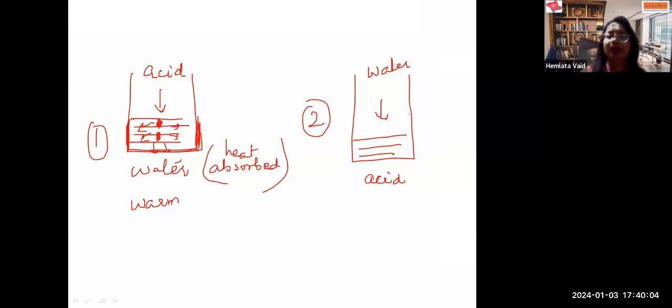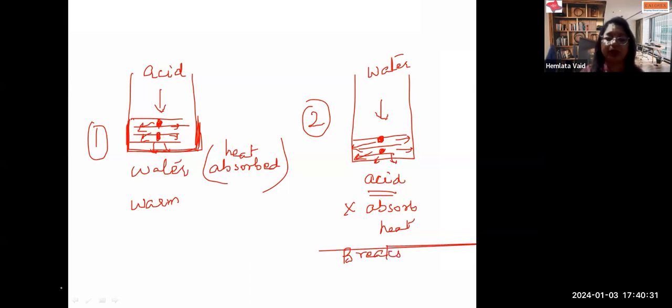When the water comes in contact with acid, heat is produced, right? But acid will not absorb the heat here. So the heat which is produced reaches the beaker as it is immediately. The beaker becomes hot and it breaks.